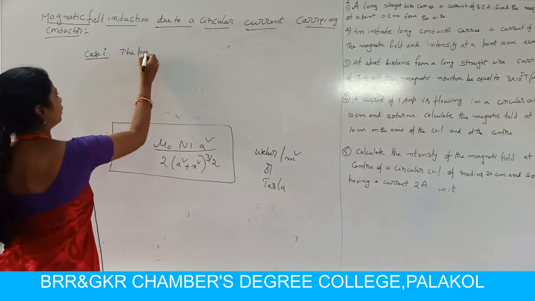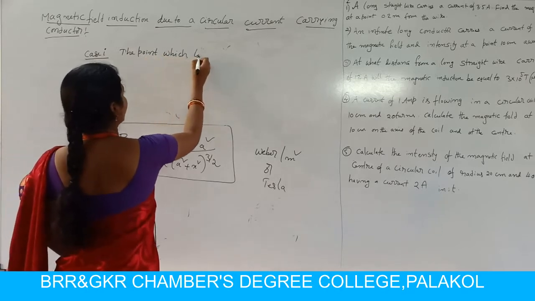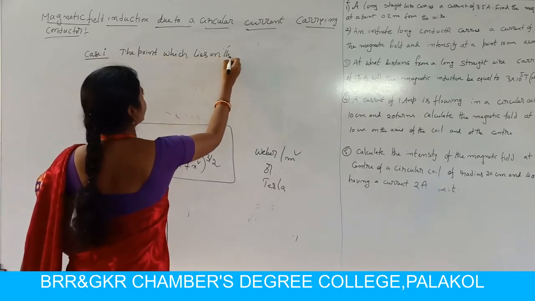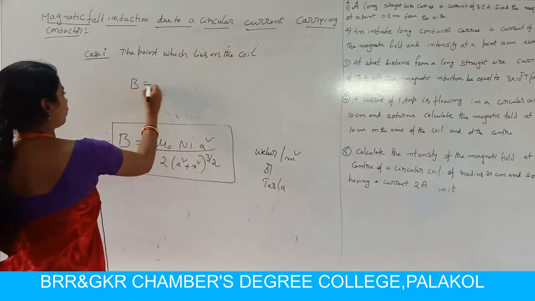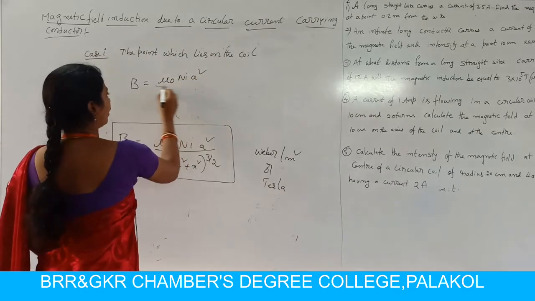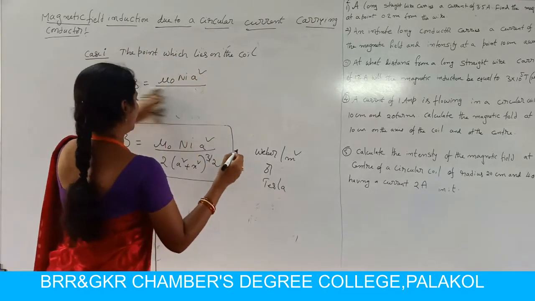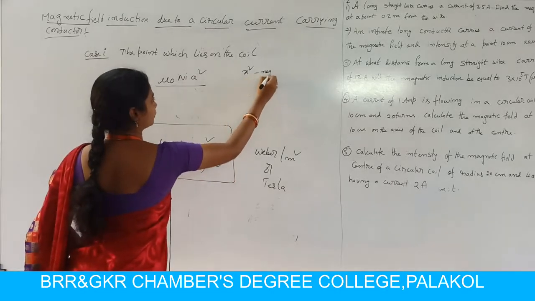In case 1, the point lies on the coil. The expression for magnetic field induction is B equal to mu naught N i A square by 2 into A square plus x square whole power 3 by 2, where x square is neglected.